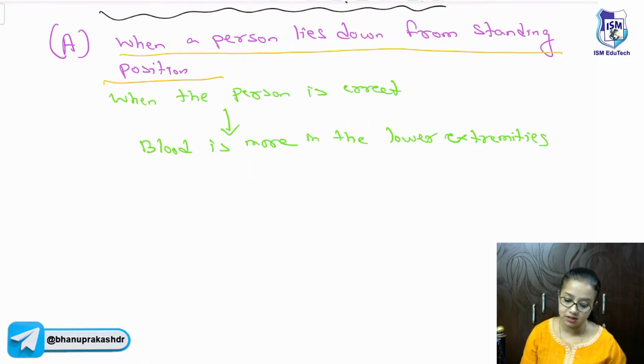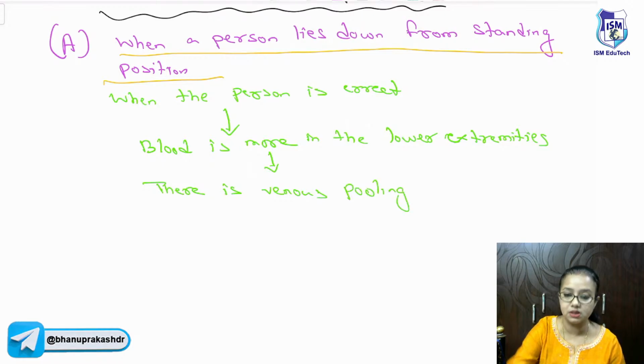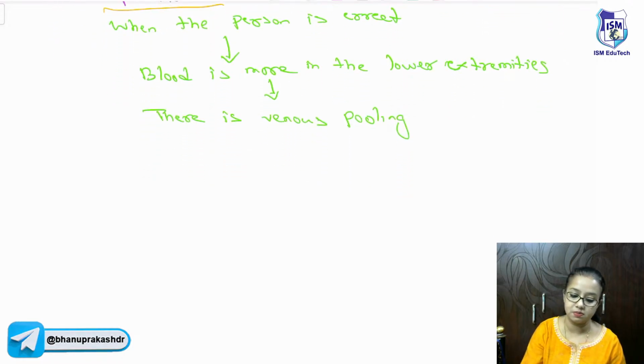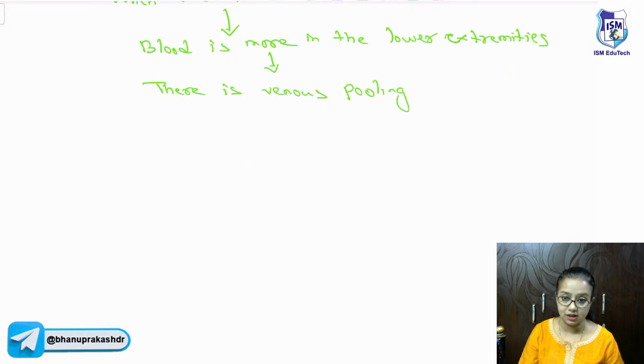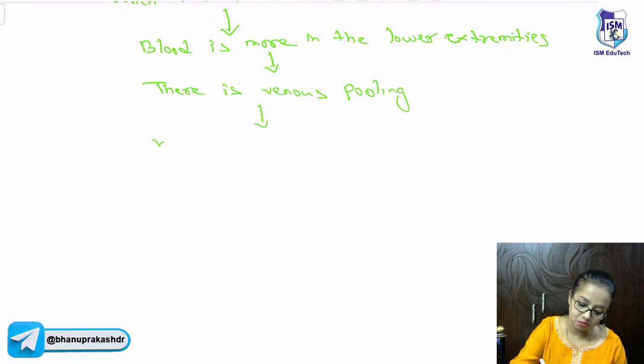So, there is venous pooling. The veins will have a lot of blood because the legs are exposed to the force of gravity, and a lot of blood is stationed in the veins.